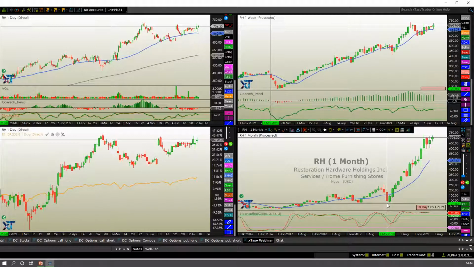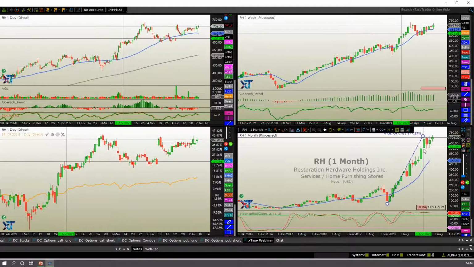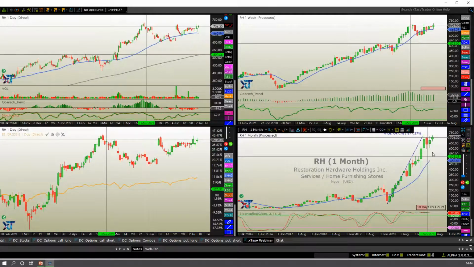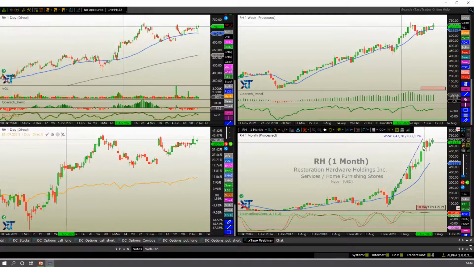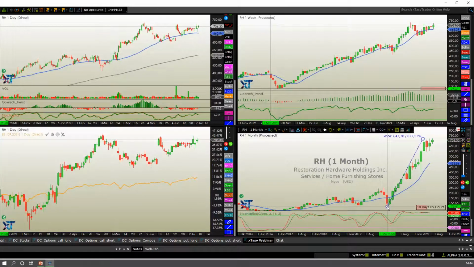From these lows, the stock made nearly 900% to the upside, 877% from March 20. So this is quite a big move.